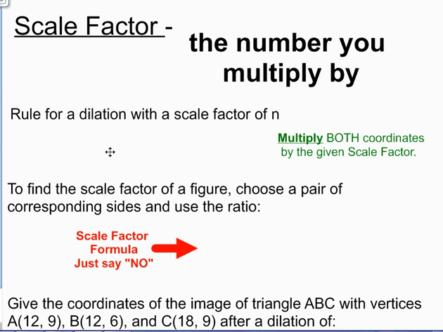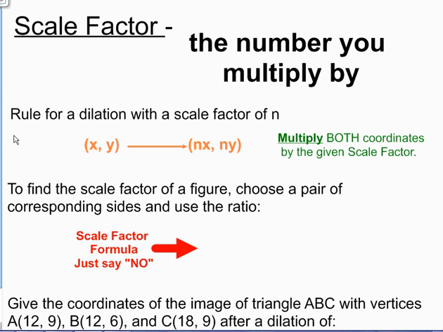So the rule of a dilation with a scale factor of n, or an unknown number, would be: if we had an x, let's say we had 2, then we would multiply 2 by whatever my scale factor is, whether it be 1/3, 2, 5, whatever. And you have to multiply both the coordinates by the given scale factor. You have to do both x and y. You can't just choose one.